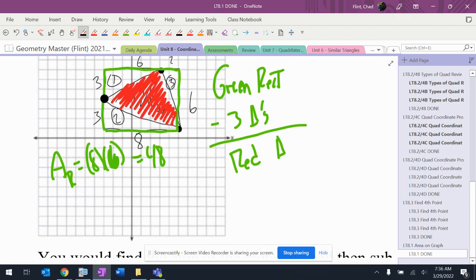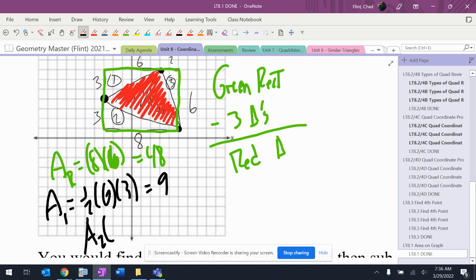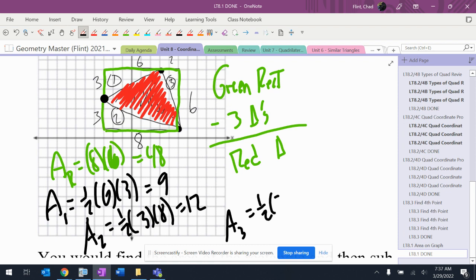So my 3 triangles: area of triangle 1 is 1/2 times 6 times 3, which is 9. Area of triangle 2 is 1/2 times 3 times 8, which is 12. And area of triangle 3 is 1/2 times 2 times 6, which is 6.